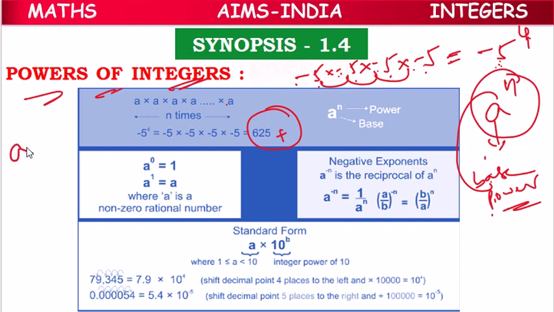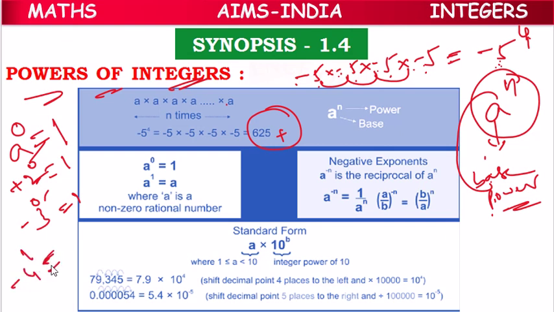Any integer, if it has power 0, then its value is always 1, whether it is a positive integer or a negative integer. If any integer has 1 in the power, then its value will be the same as the given integer.